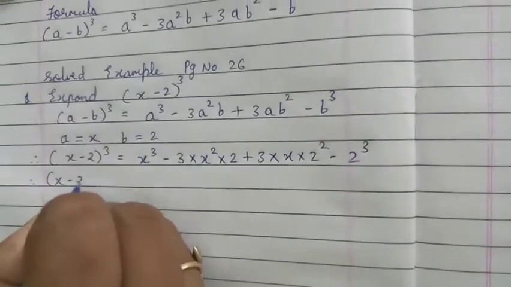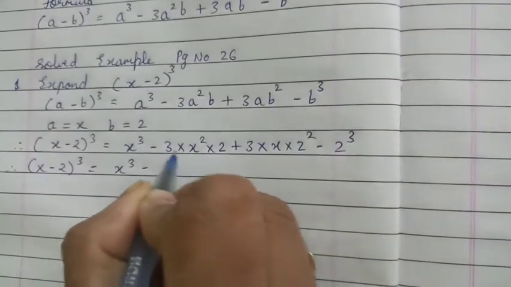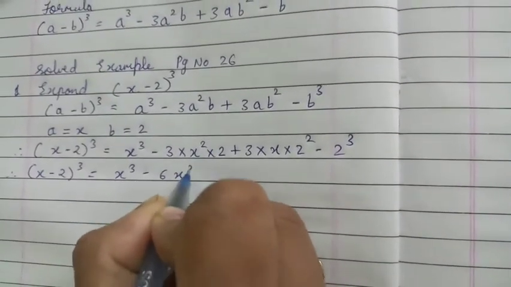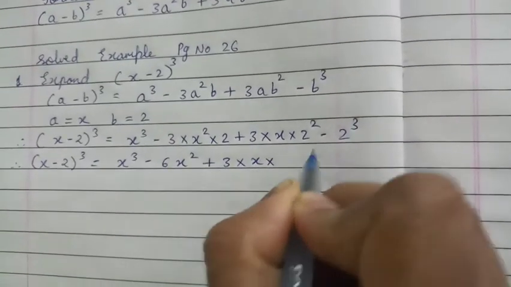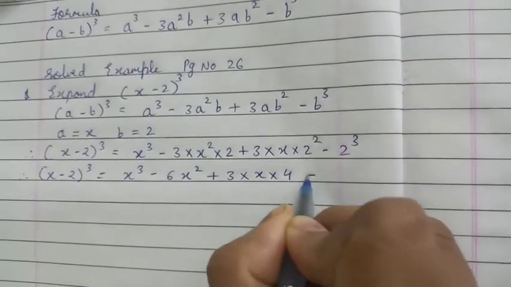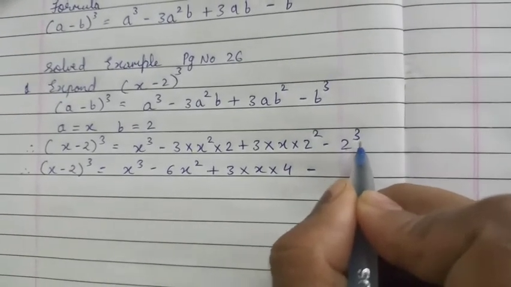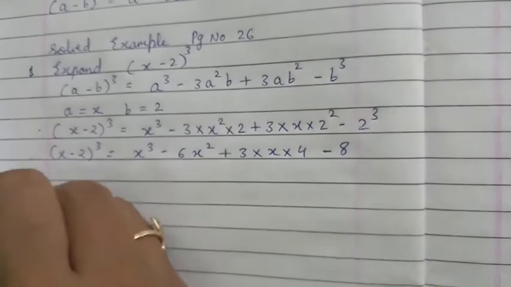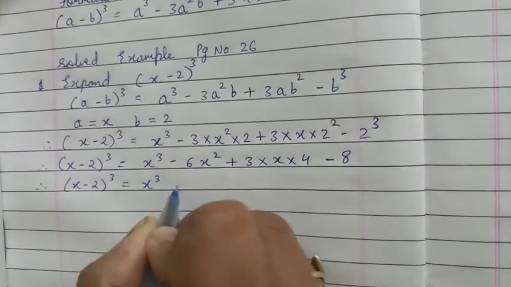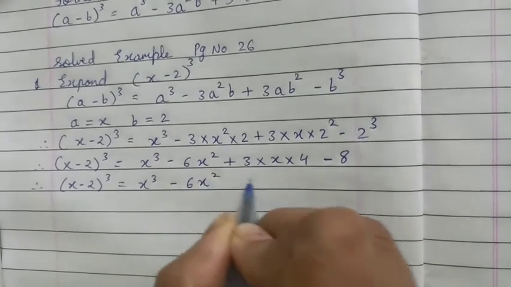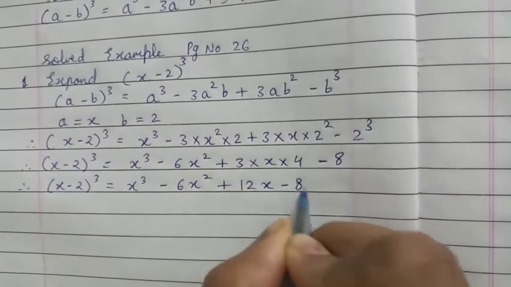Therefore (x − 2) whole cube equals x cube minus 3 2s are 6 x square plus 3 into x into 2 square is 4, minus 2 cube: 2 into 2 into 2, that is 2 2s are 4, 4 2s are 8. Therefore (x − 2) whole cube equals x cube minus 6x square plus 3 4s is 12x minus 8.